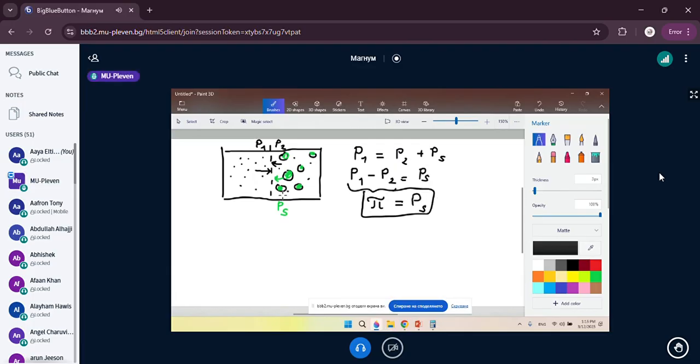Do you understand now why this transport is passive? Because solvent molecules move from a less concentrated, or in this case zero concentrated, solution to a higher concentrated solution. But this is along its own gradient, because if the solution is less concentrated, this means that there is more solvent there.